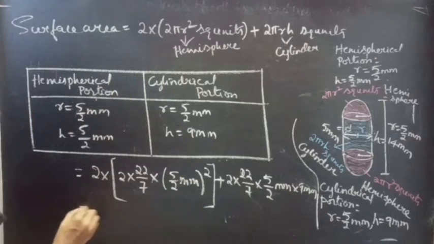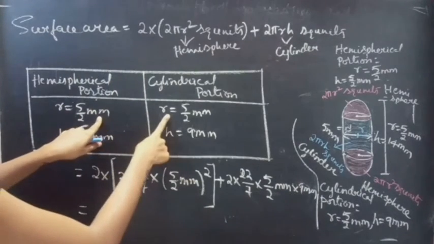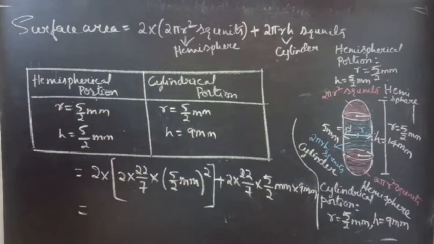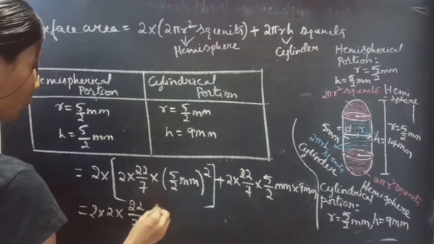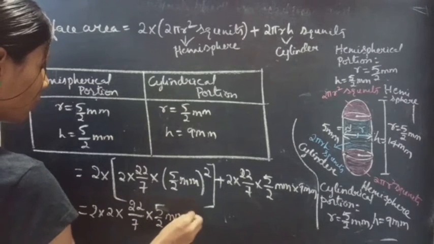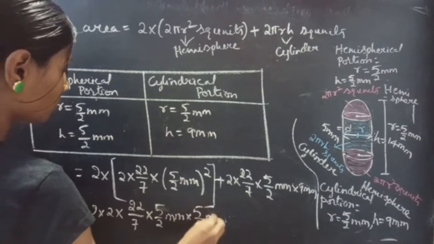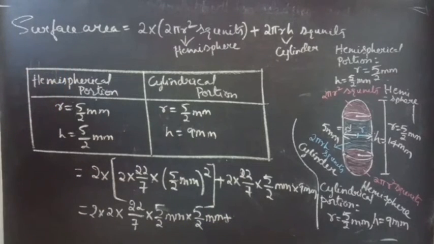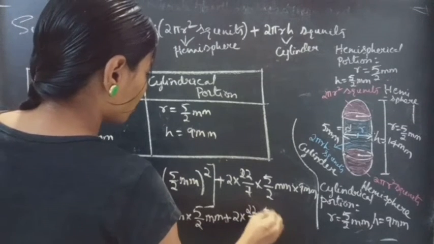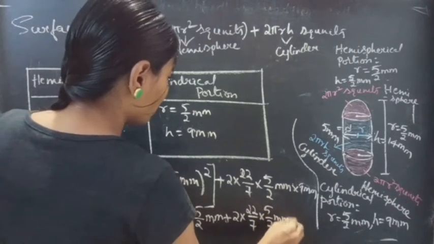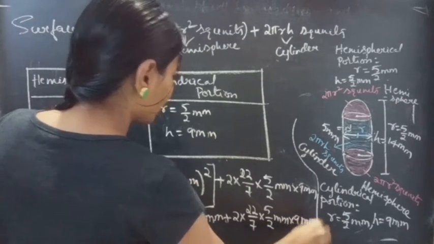Okay. See here we have the radius common for the hemispherical and cylindrical portion. So this equals 2 into 22 by 7 into 5 by 2 mm whole square, which can be written as 5 by 2 mm into 5 by 2 mm, plus 2 into 22 by 7 into 5 by 2 mm into 9 mm.